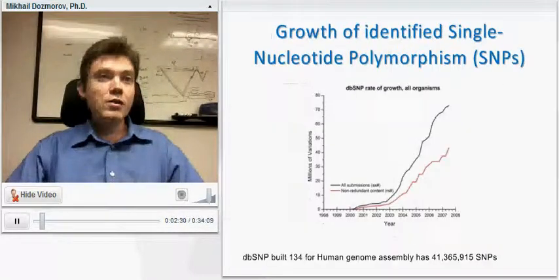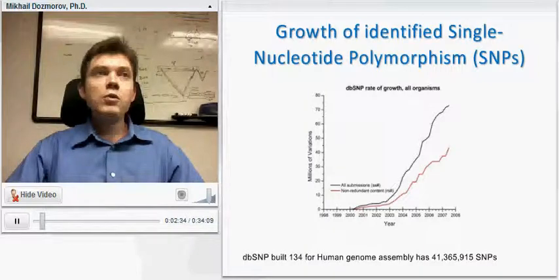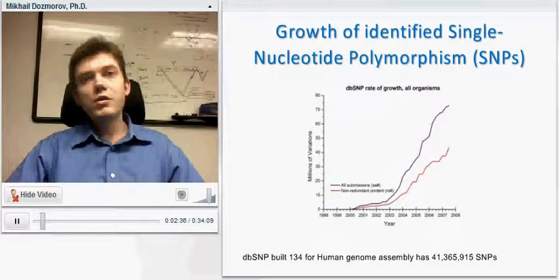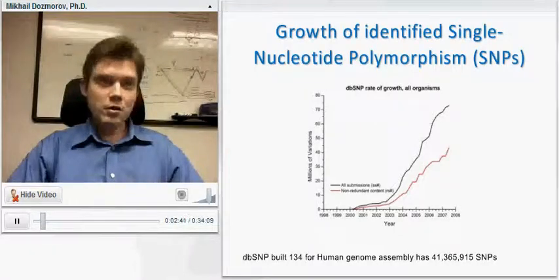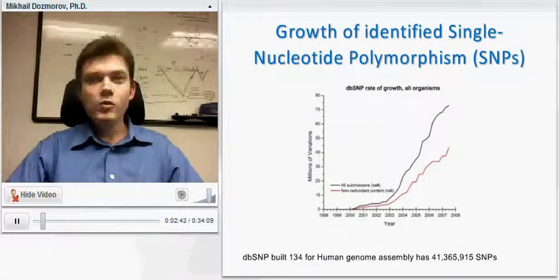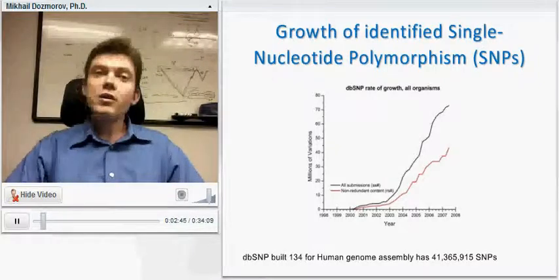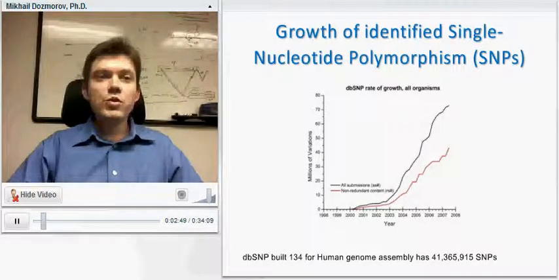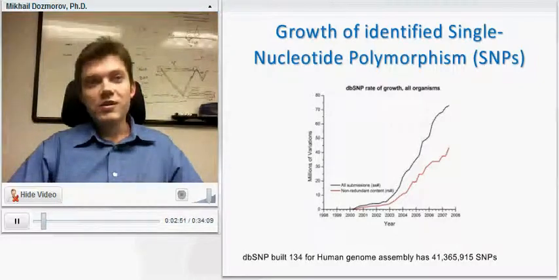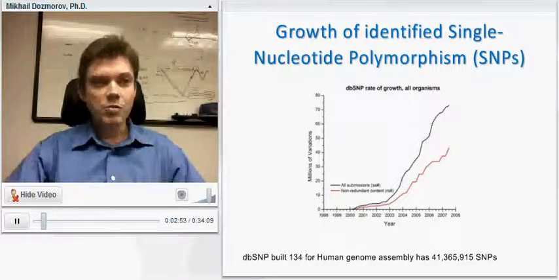This graph shows pretty much the same. It shows the amount of identified single nucleotide polymorphisms within the human genome. And it grows exponentially and no way of stopping it. The latest SNP database contains more than 41 million SNPs, identified single nucleotide polymorphisms.